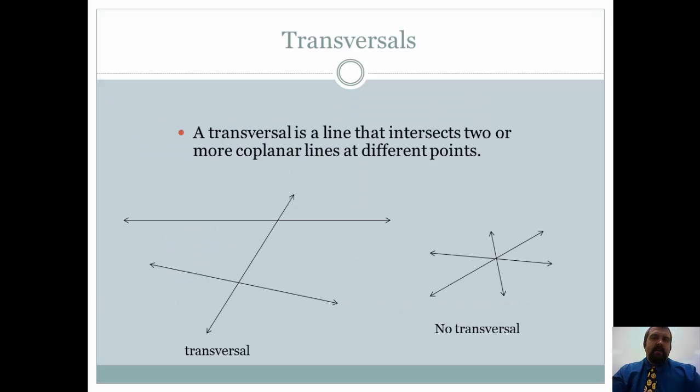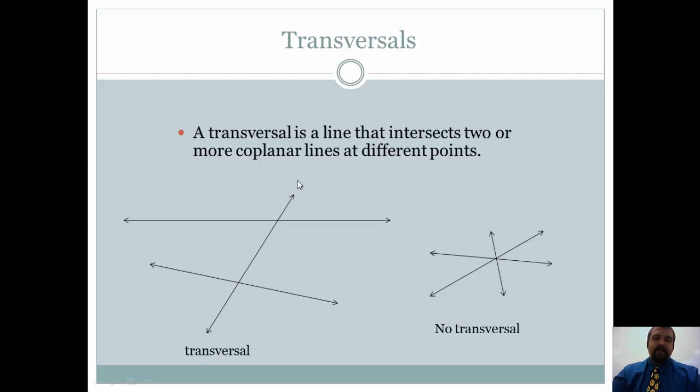The next thing we are going to be talking about, the other half of section 1, is what we call transversals. A transversal is a line that intersects two or more coplanar lines at different points. So if I look at the left intersections here, this line right here is a transversal because it intersects the top line here and this bottom line at two distinctly different points.